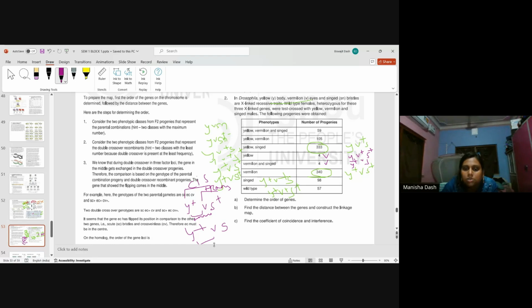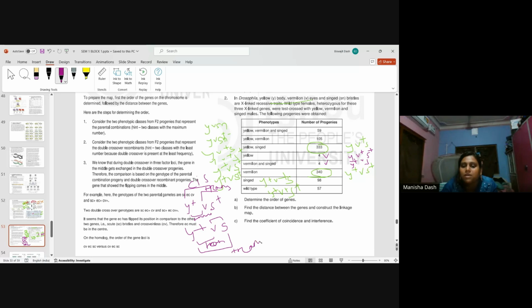So earlier the Y and V were in trans position and the Y and S were in cis position. But now the V and S, which were in trans position, are in cis position. Similarly, the Y and S were in cis position, but now they are in trans position.